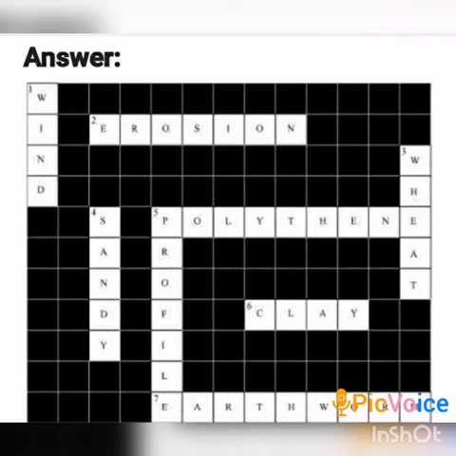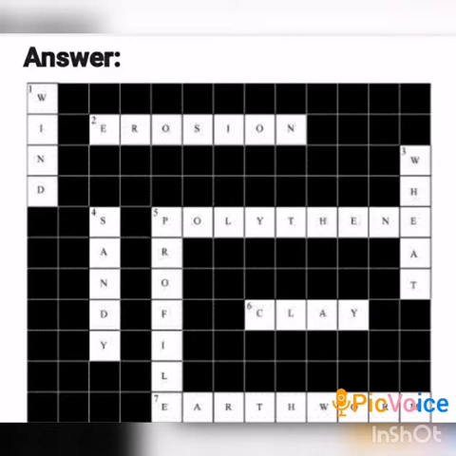First, across. Second one, plantation prevents it. Planting more trees prevents soil erosion. Isn't it, children? So, the answer for across 2 is erosion.